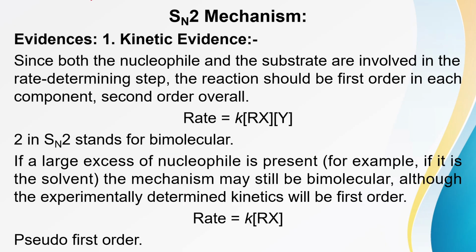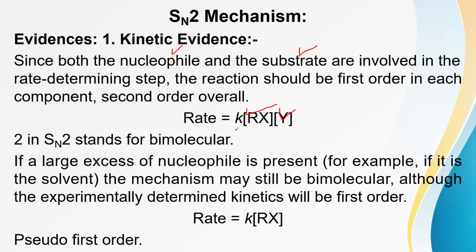Next, now we discuss in detail some evidences of the SN2 mechanism. The first evidence is kinetic evidence. Since we have discussed earlier that during the reaction two molecules are involved, one is the nucleophile and the other is the substrate, the order depends upon the concentration of our substrate and the concentration of our nucleophile.